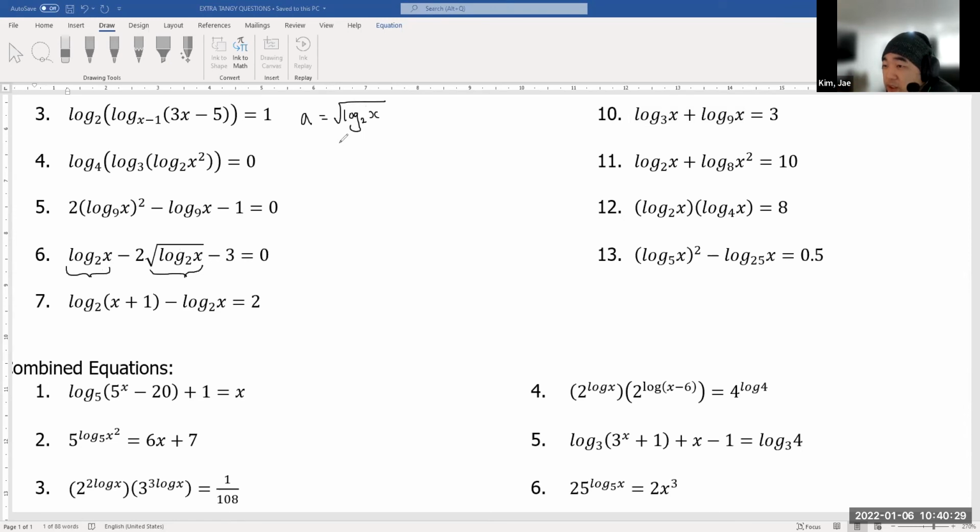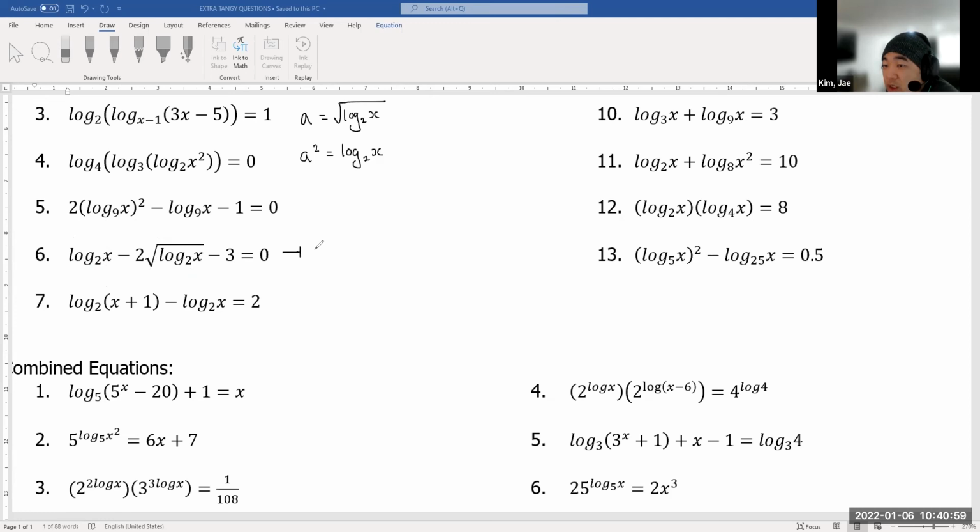Here's the reason. If I have this as my substitution, then I can also argue that the square of this is going to be that, which is right here. So instead of making log base 2 of x my substitution, I'm going to make the square root form of it my substitution, because that automatically makes the first term simplified as well.